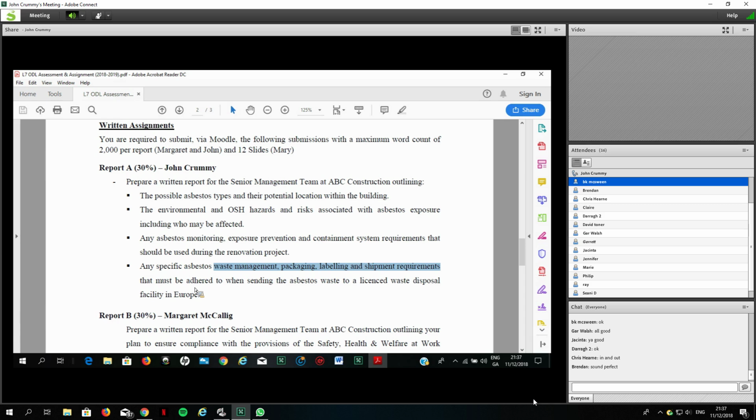You would have been referencing the legislation there, and also you might have been referencing Dublin City Council, who are the main regulator in relation to shipment abroad, and the Offaly County Council, who are responsible for issuing waste permits, in relation to waste.